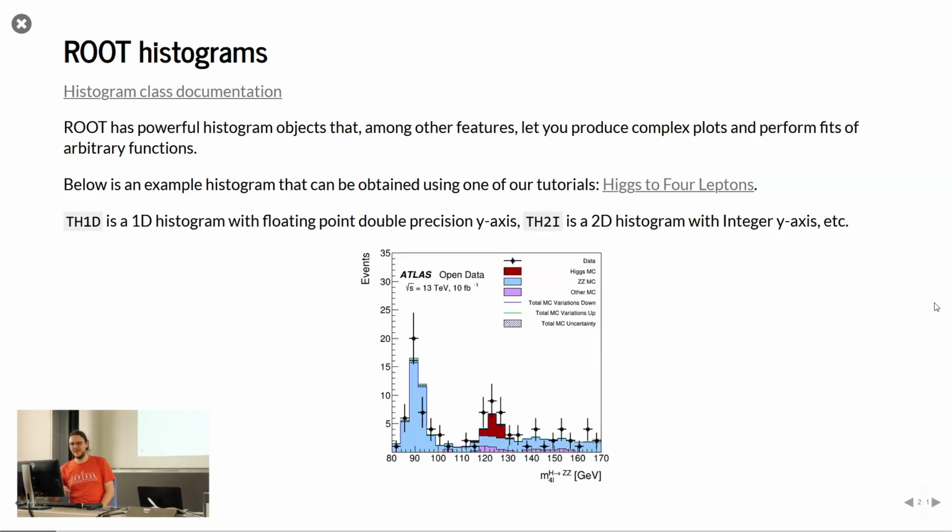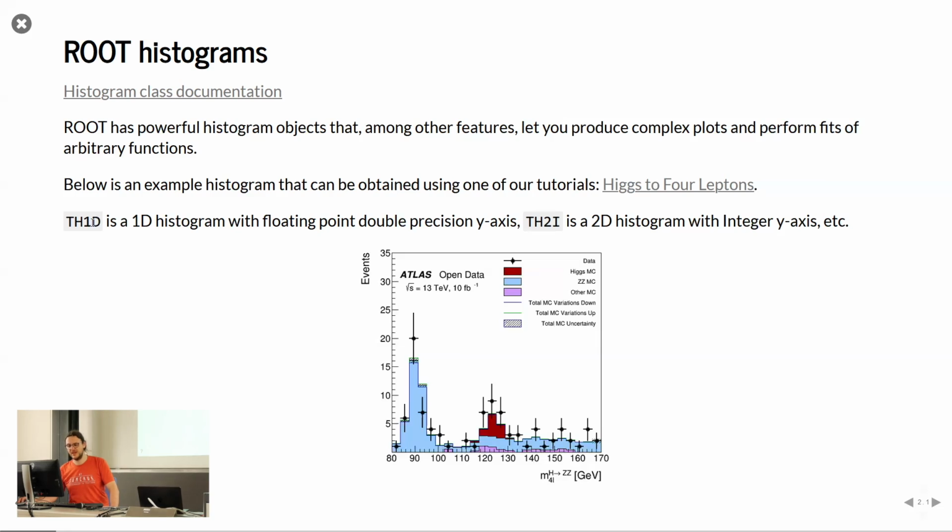All the histograms in ROOT are represented by a C++ class, or to you it looks like a Python class when you are using ROOT from Python. The name of these classes always starts with a T. That's our convention in ROOT. Then you have H for histogram. Then you have the number of dimensions in the histogram, so here 1.